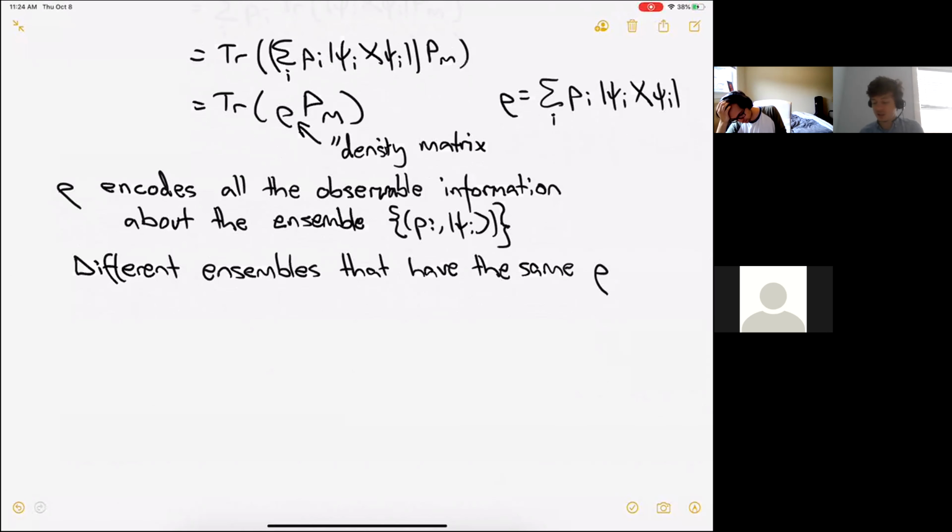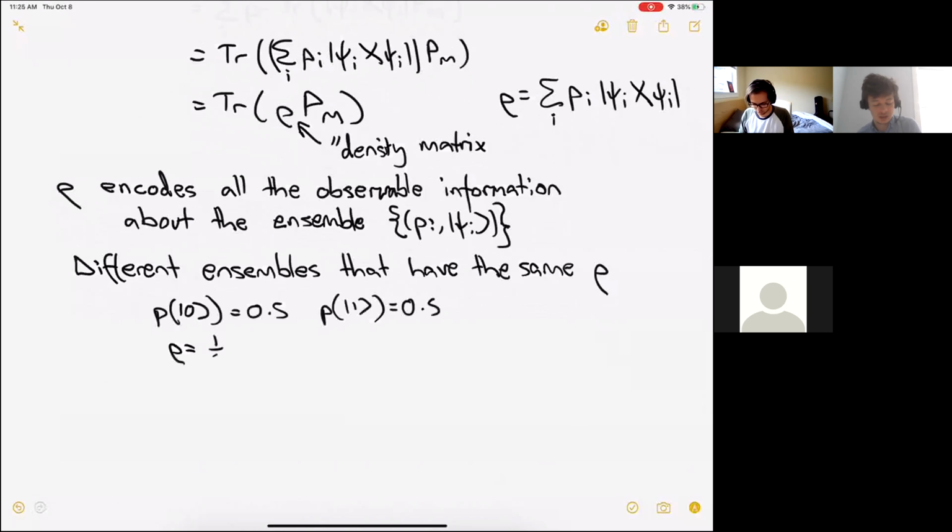So just to give very explicit examples of some different ensembles that give the same density matrix, we could have P of ket 0 be 0.5 and P of ket 1 be 0.5, and that gives us rho as a half projector on 0 and a half projector on 1, so that's just a half times the identity matrix.